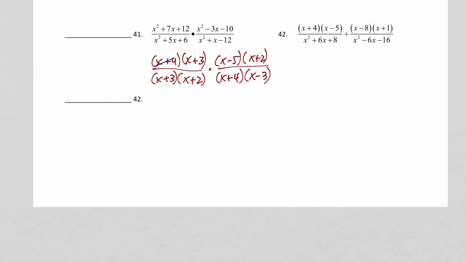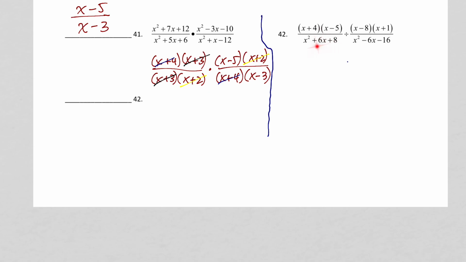This x plus 4 cancels. This x plus 2 cancels. This x plus 3 cancels. And the only thing we're left with is x minus 5 over x minus 3. And I have to get rid of the parentheses, because this division bar implies that you have parentheses around everything on top and everything on the bottom, so you no longer need them to be simplified.